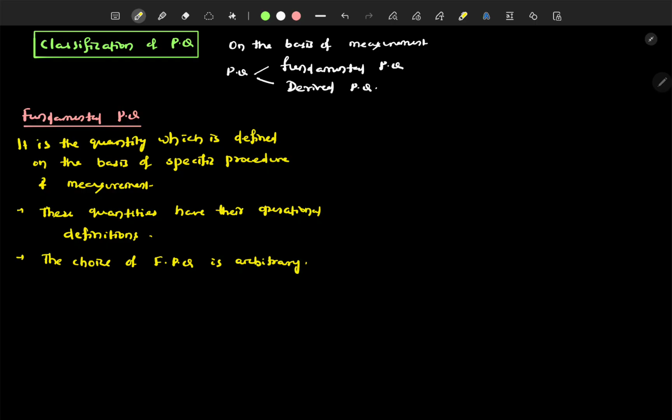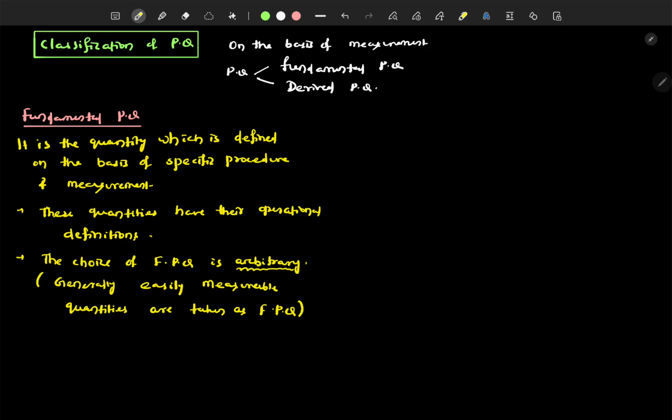Arbitrary means there is no reason actually. Generally, easily measurable quantities are taken as fundamental physical quantities. I hope it is clear what arbitrary means.